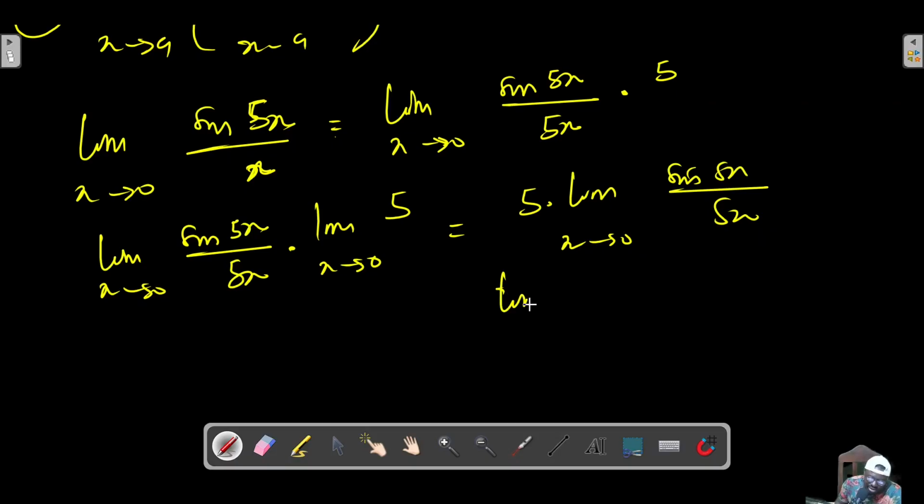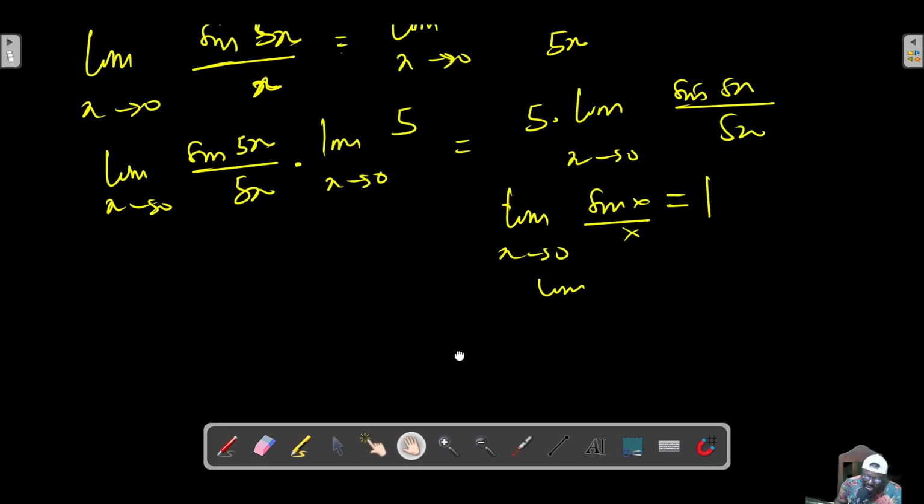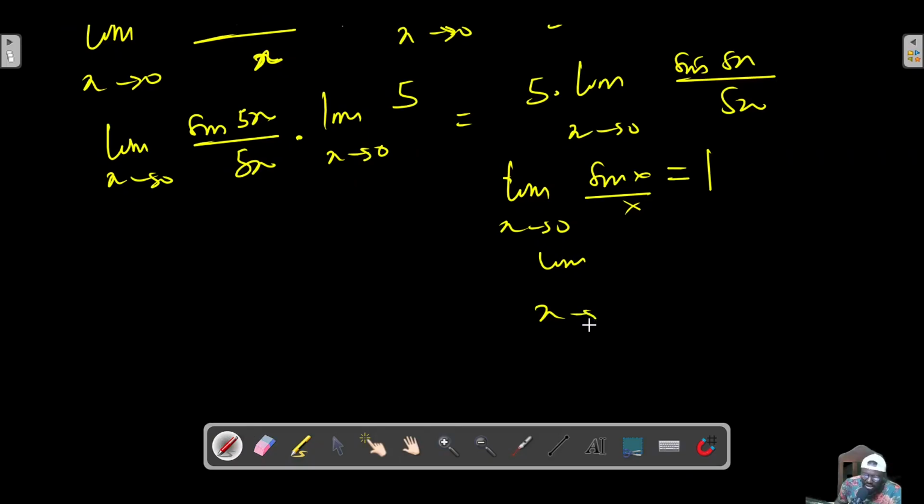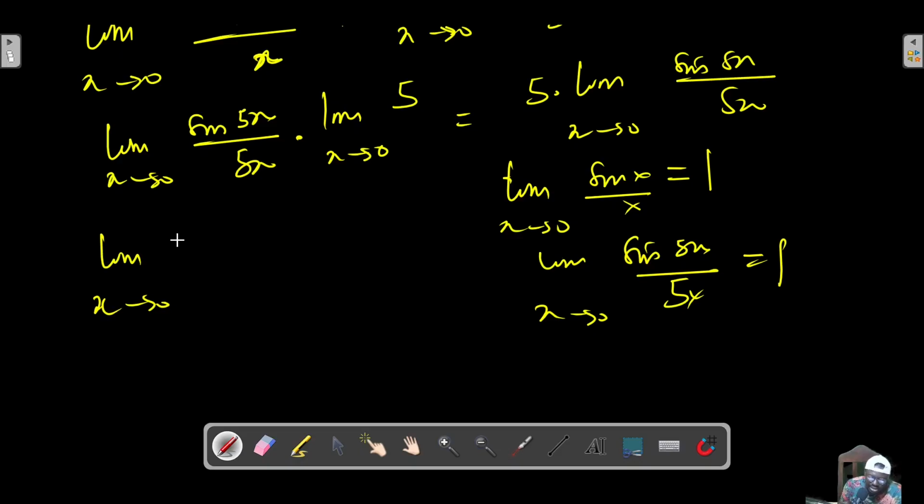Since we know that the limit as x approaches 0 of sine x over x is equal to 1, it makes sense to say that the limit as x approaches 0 of sine 5x over 5x is also equal to 1. All the time, think about it this way: the limit of sine box over box is equal to 1.